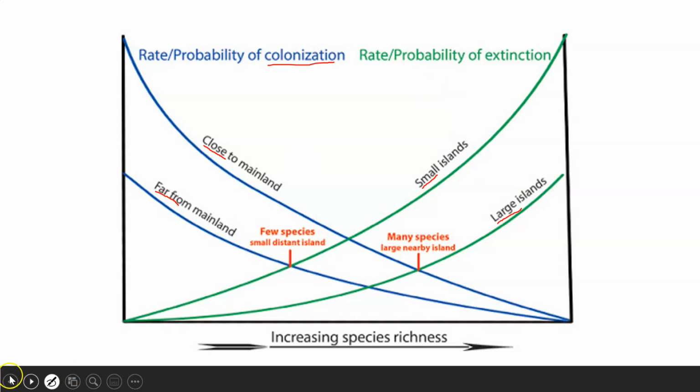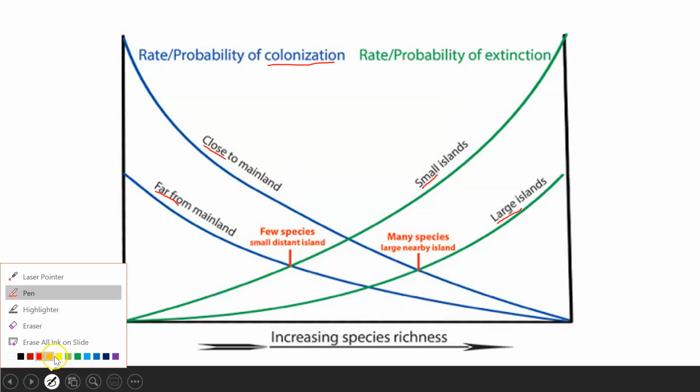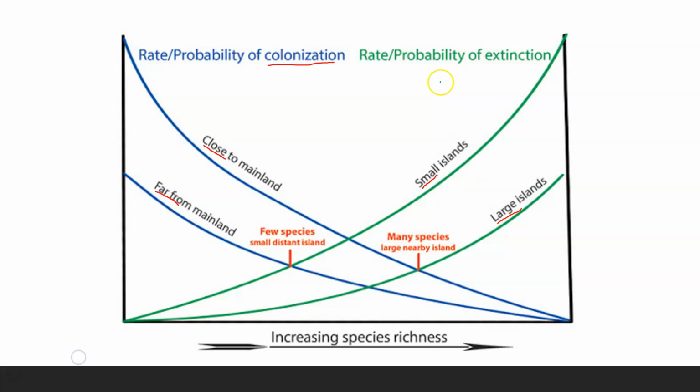On the other hand, we're going to switch colors. We've got the probability of extinction. So small islands have a higher probability of extinction. Larger islands have a lesser probability of extinction. So let's relate this back to biodiversity and the idea of habitat diversity.